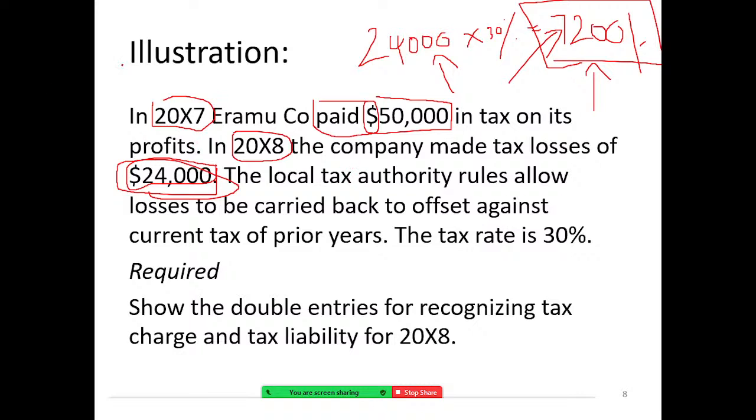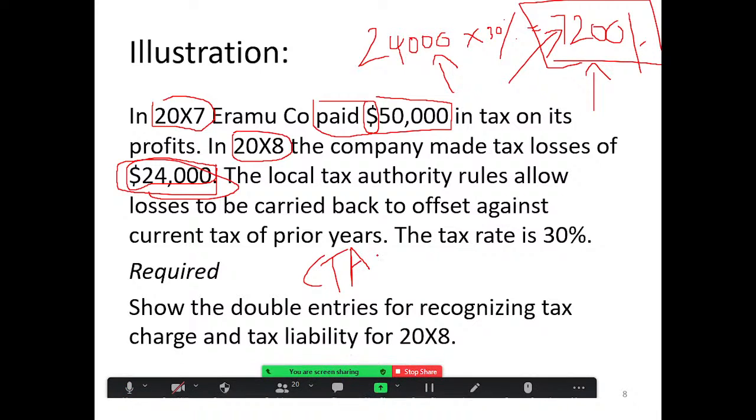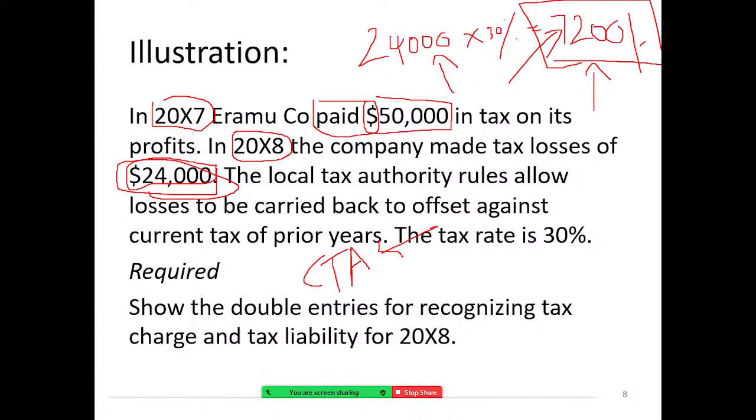Current tax assets. So it's an asset, therefore 7,200, and PL account credit 7,200.